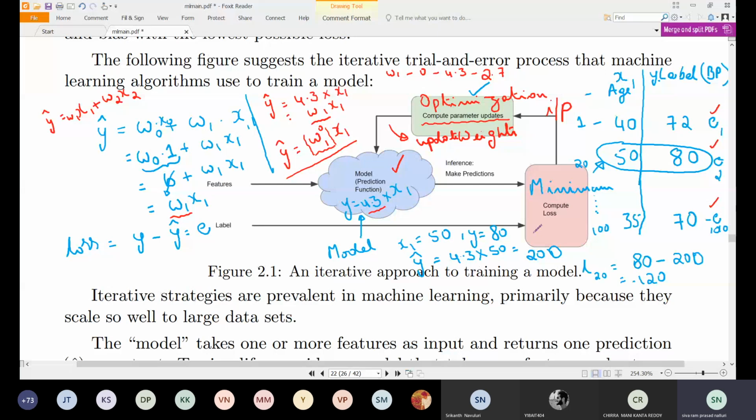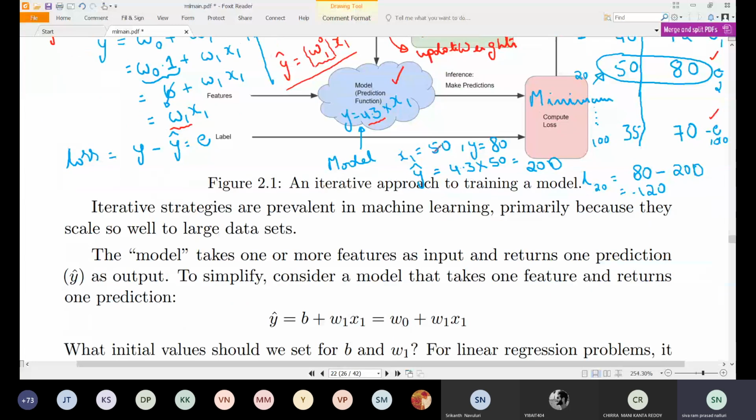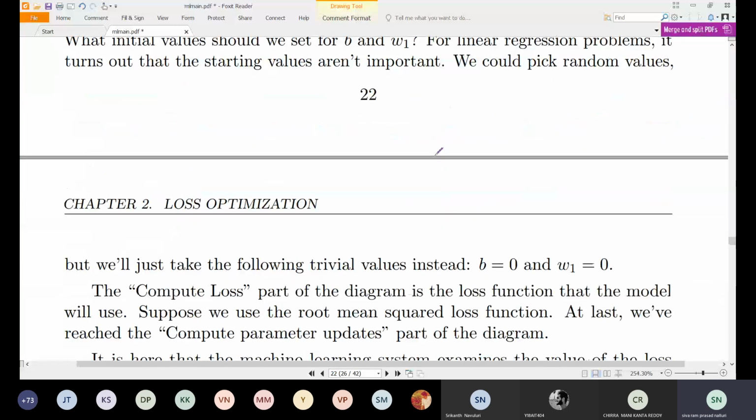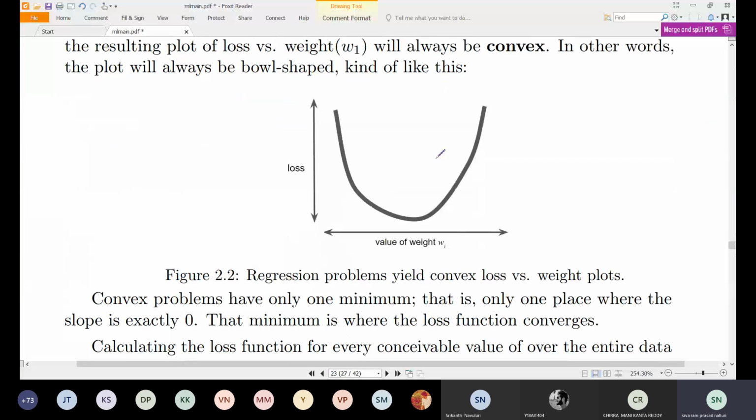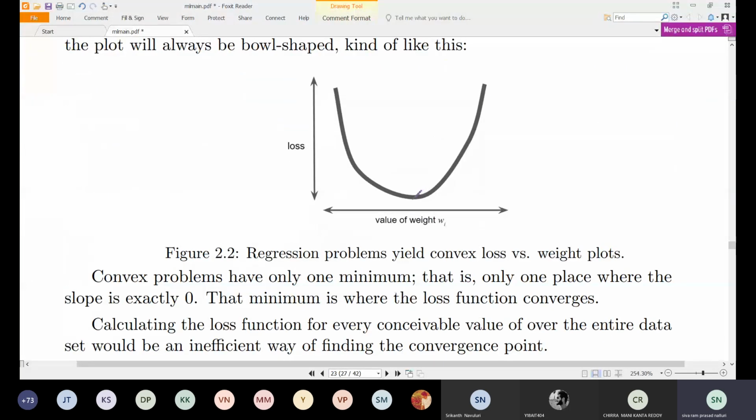Okay, in order to update the weights, the optimization technique that is used in machine learning, the most popular one, is the gradient descent technique. This is exactly what I am talking about.